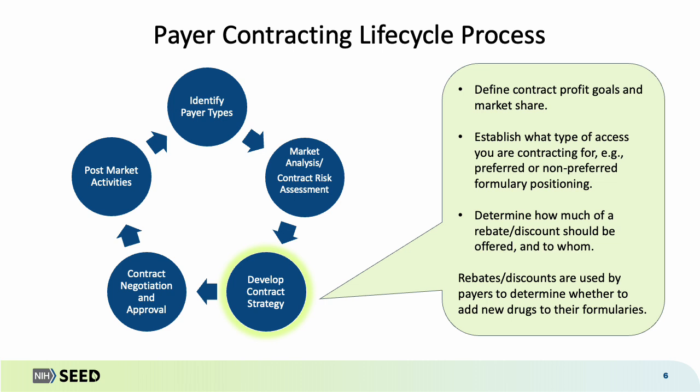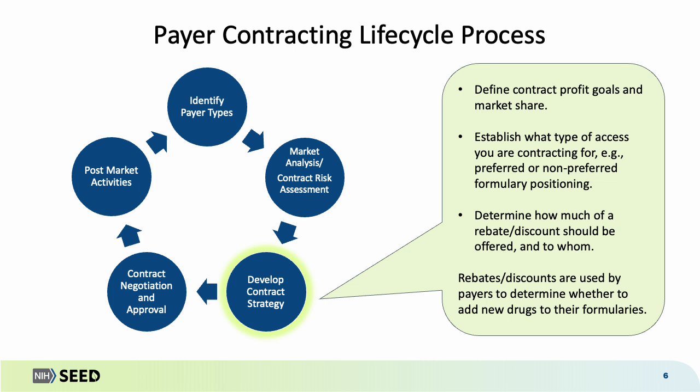So, based on the information gathered and internal risk assessment, start narrowing down your profit and market share target goals. It will be important to know what type of access will support those goals, preferred versus non-preferred. Next, determine how much of a rebate or discount you will offer per payer, including a maximum amount.